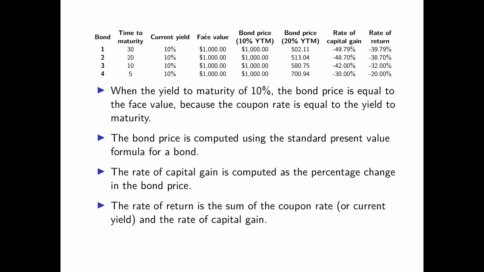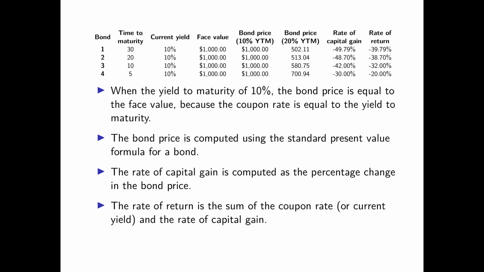The face value of these bonds is $1,000, and the bond price when the yield to maturity is 10% is also $1,000. This makes sense because when the yield to maturity is equal to the coupon rate, the price of the bond is equal to the face value. So it is $1,000 for all of them right now.